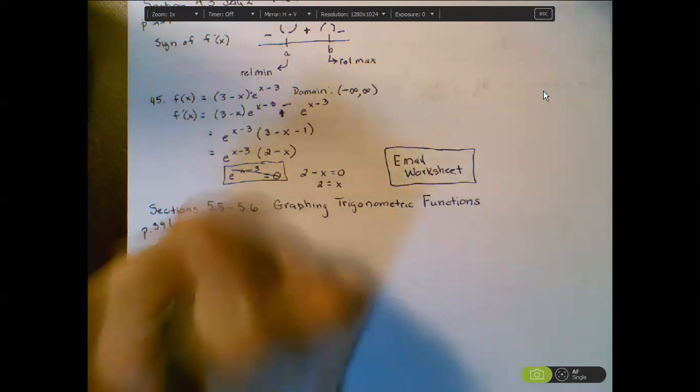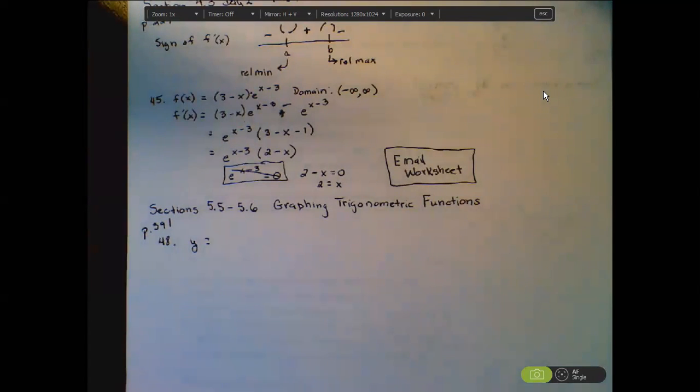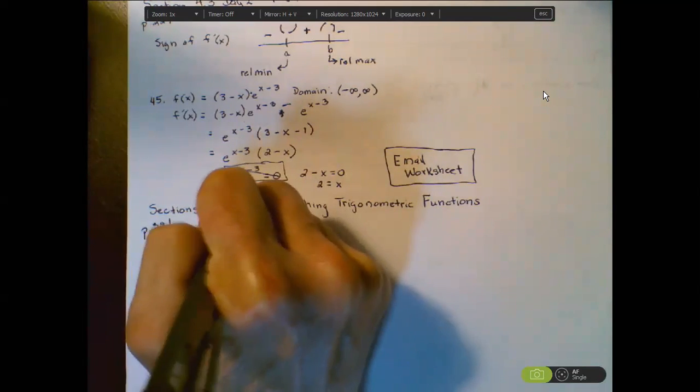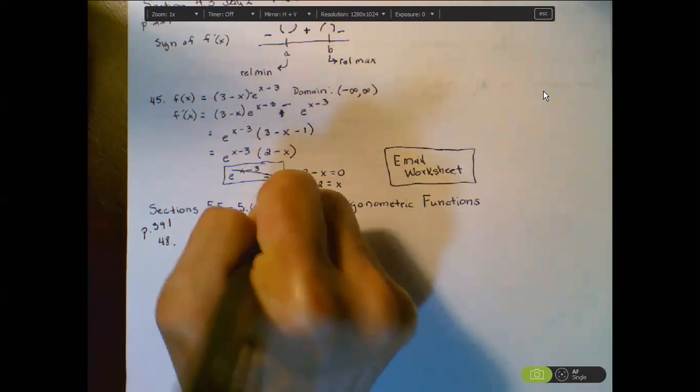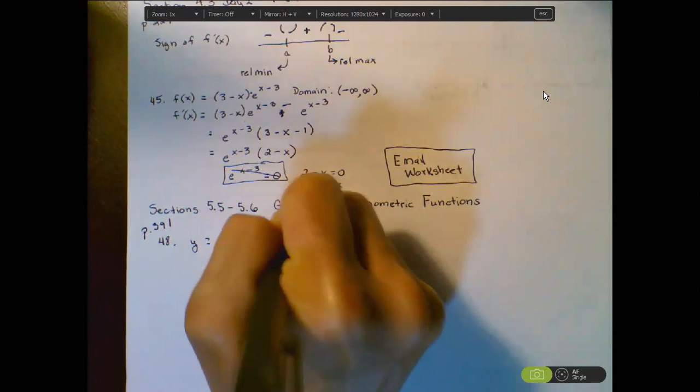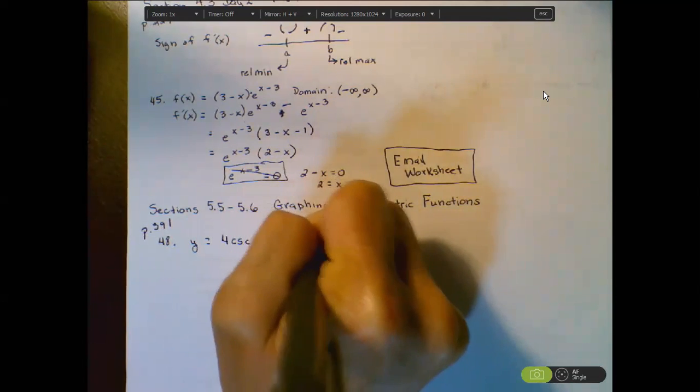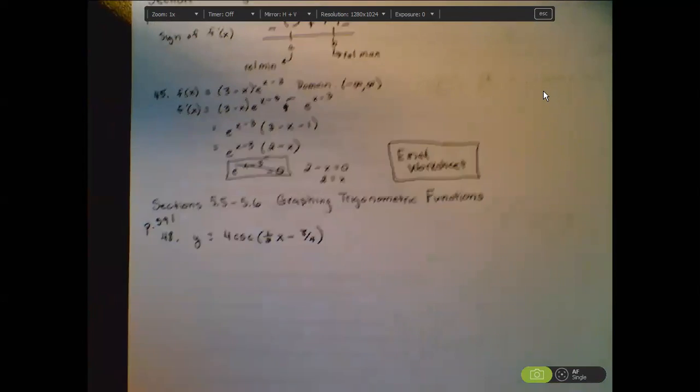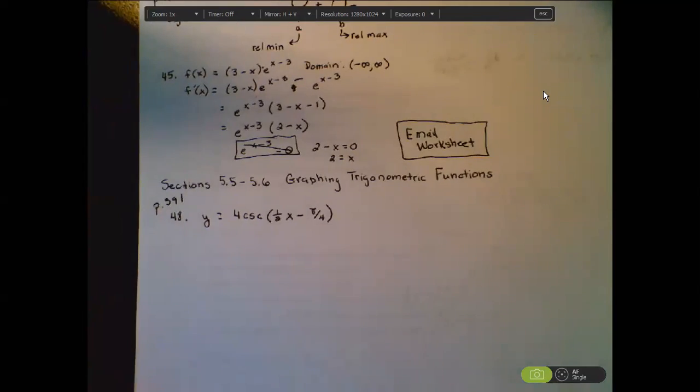I'll do maybe a cosecant and a cotangent if y'all would like to see a couple more. And I'll pick the ugliest ones there, the ones that have the most shifts and translations, etc.